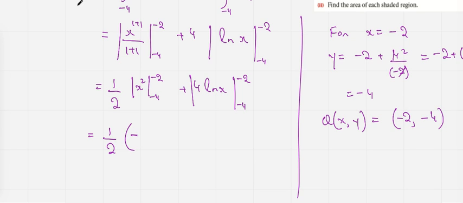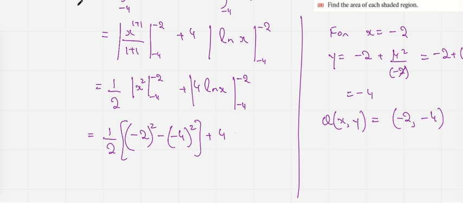So it's going to be minus 2 squared minus 4 squared, plus.